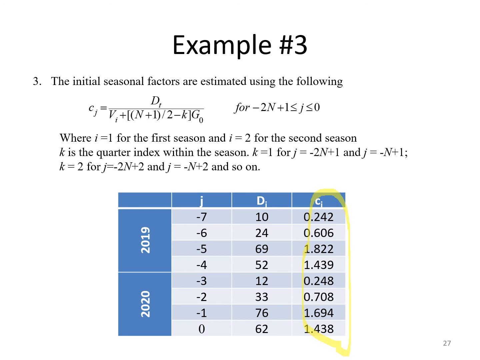So you should expect what we are going to do next: we are going to take the average value for each quarter. It's like we will take these two values, for instance, and take the average of both to calculate the average seasonal factor for the first quarter in a season. And we'll do the same for the other quarters as well.